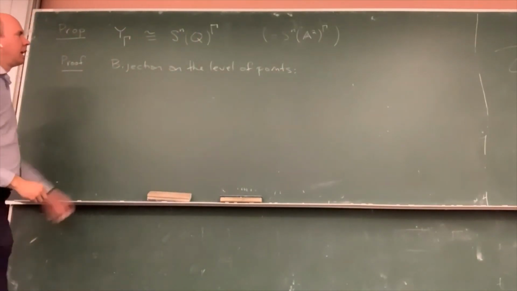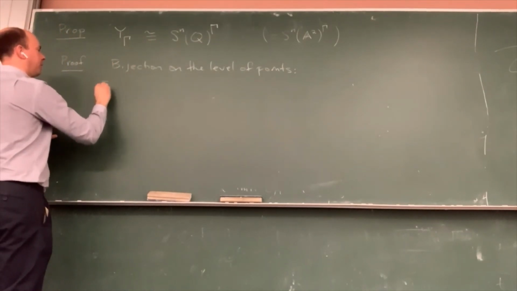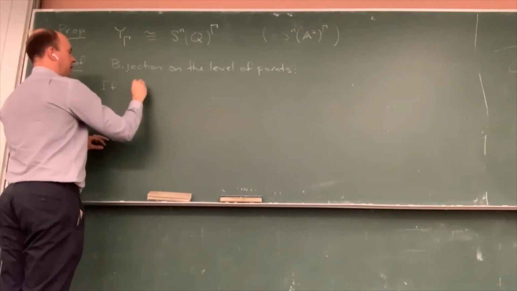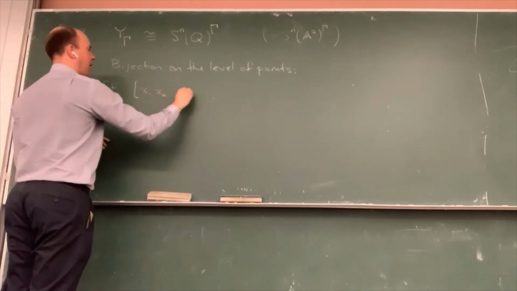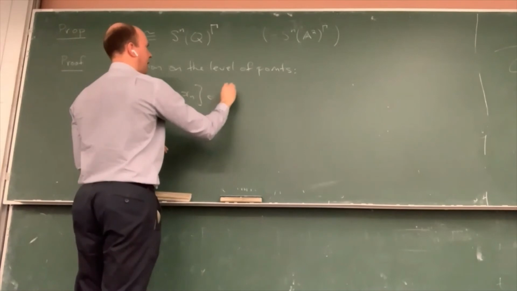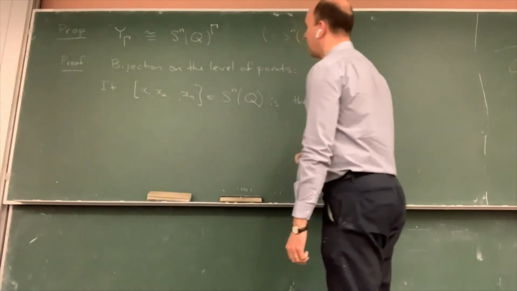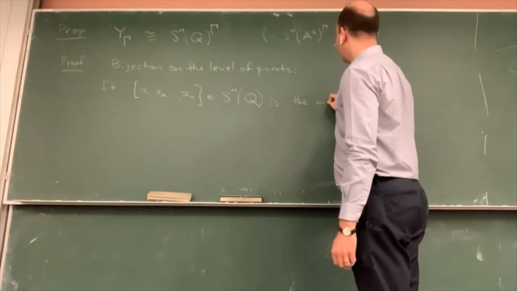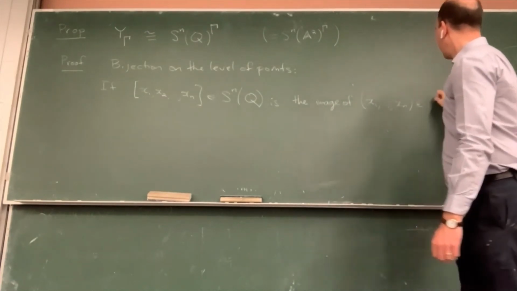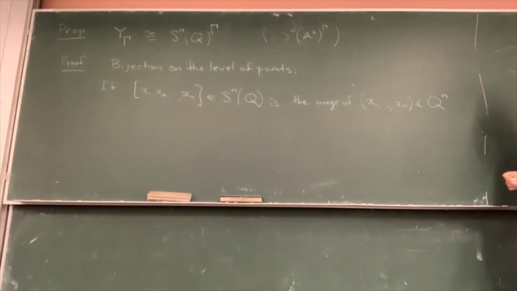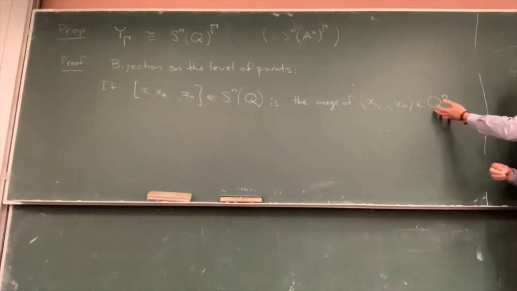So what does it mean to say that you have a gamma fixed point here? So if, say, square brackets for an unordered n tuple, so if this in the nth symmetric power of Q is the image of x1 up to xn in the normal nth power of Q. The symmetric power is just the quotient of the nth power by the action of the symmetric group Sn.